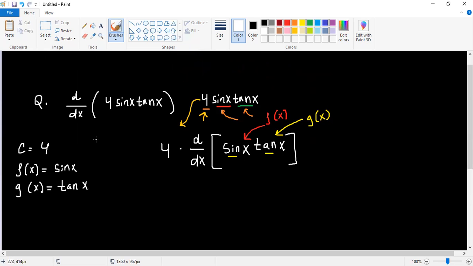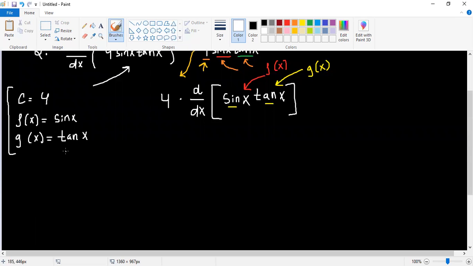When you look at a problem like this, it looks confusing, but it's actually made up of these three parts. We are going to leverage some basic differentiation properties to solve the problem. First and foremost, we don't need to worry too much about this 4 until the problem is almost concluded.